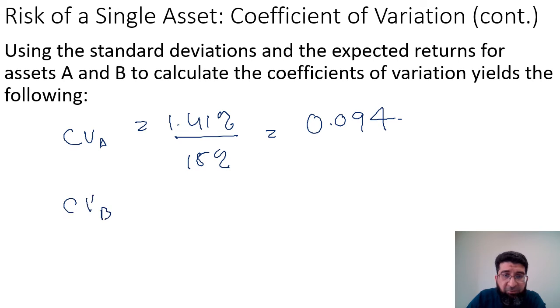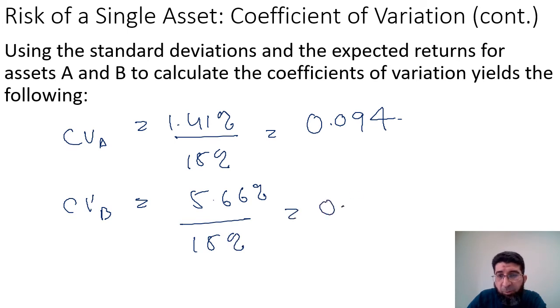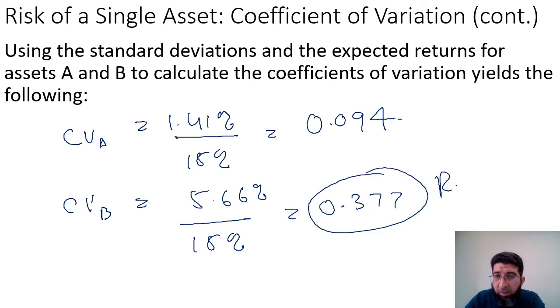Coefficient of variation of B gives us 5.66%, which divided by 15% gives us 0.377. Clearly, the asset B is more risky compared to the asset A. It's a nice addition to a tool for measuring risk given returns on different assets.